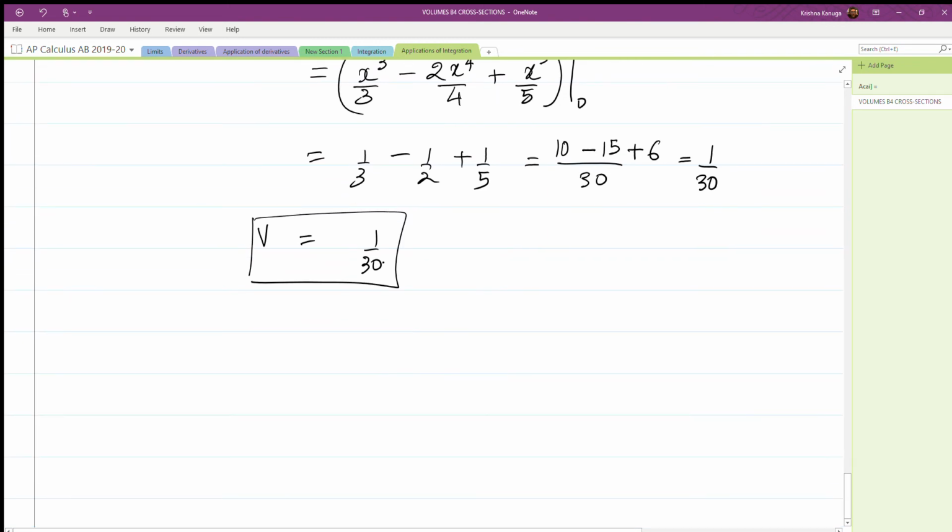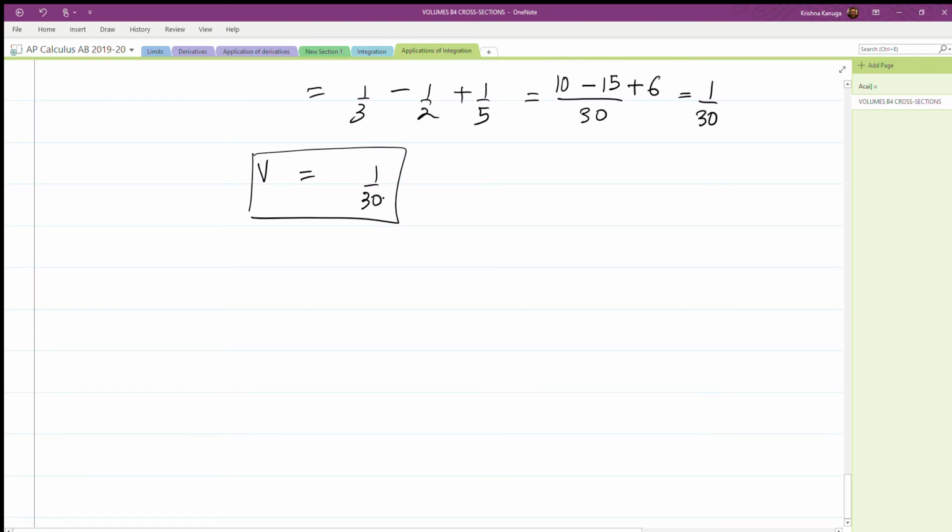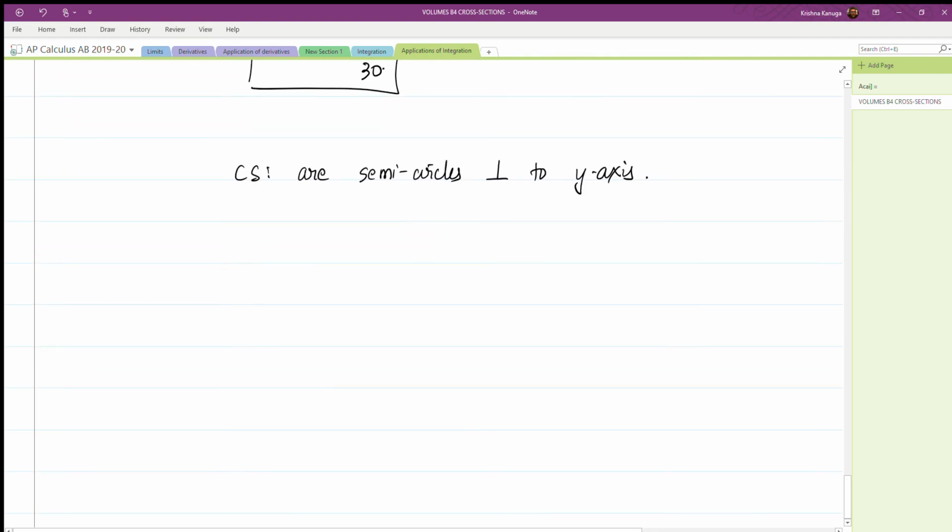Now, we could also instead say that the cross sections are, let's say, semicircles, but this time perpendicular to the y-axis. How do we do this?